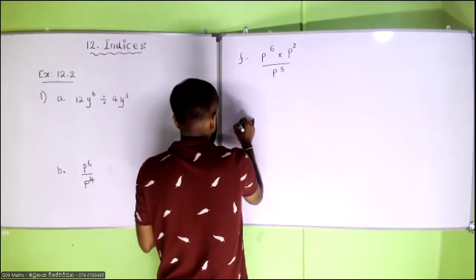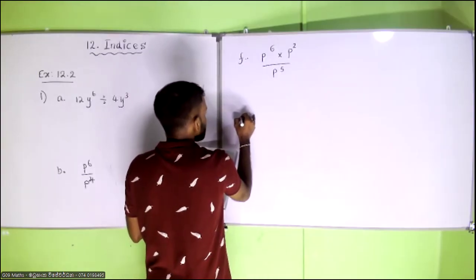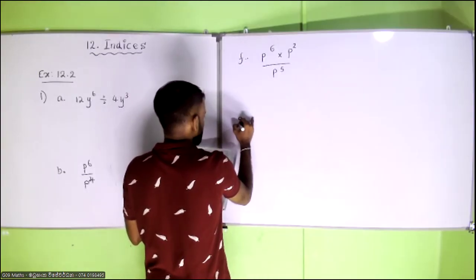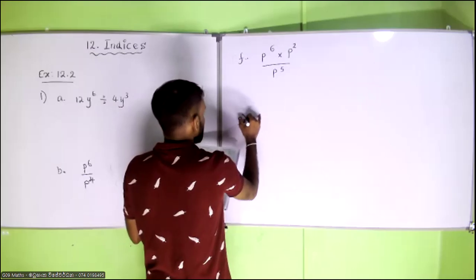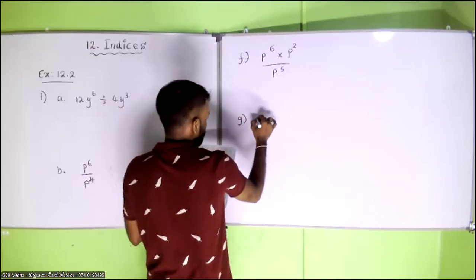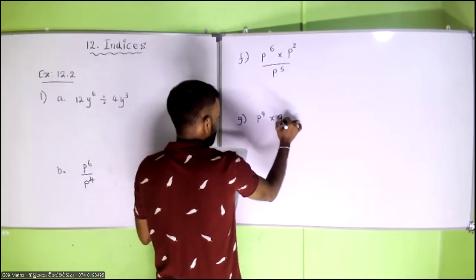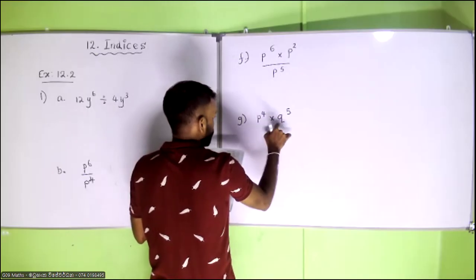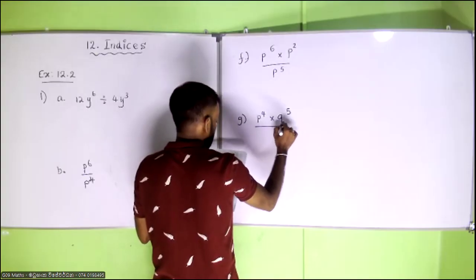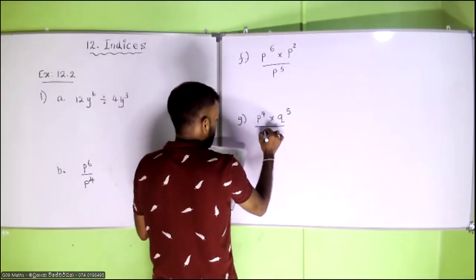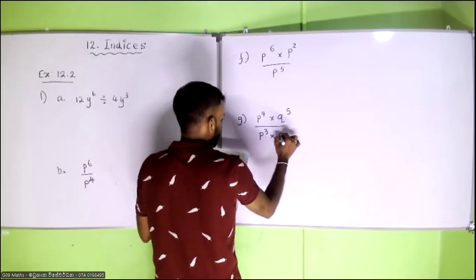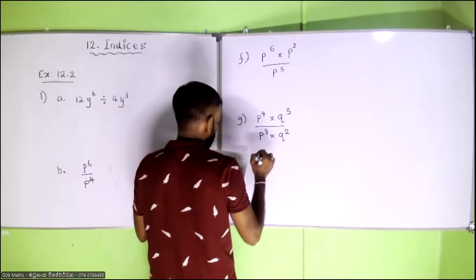Then do part G. P to the power 4 multiplied by Q to the power 5. P and Q are two different things. P to the power 3, Q to the power 2.